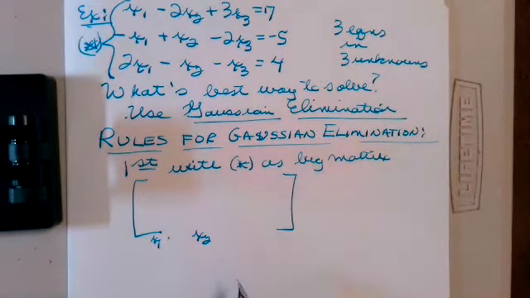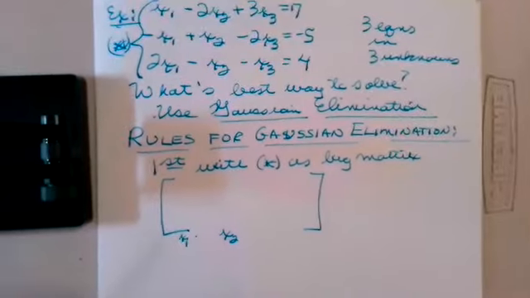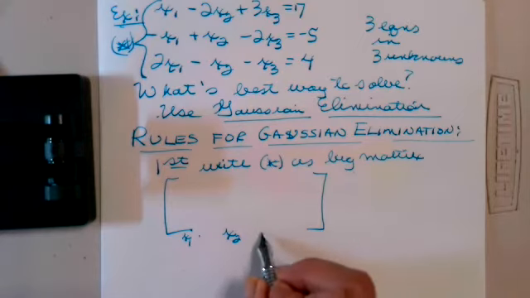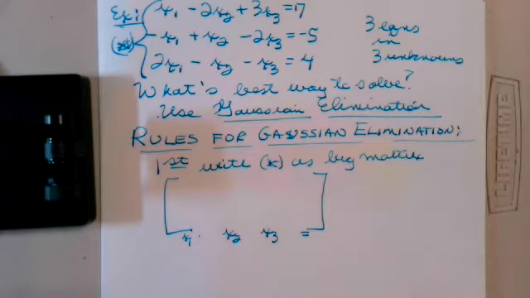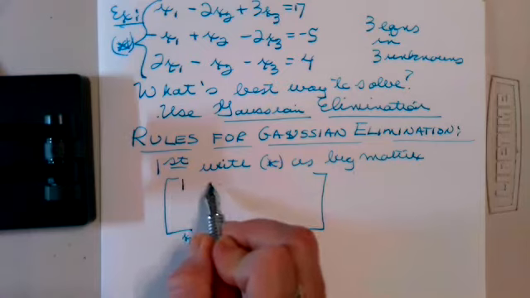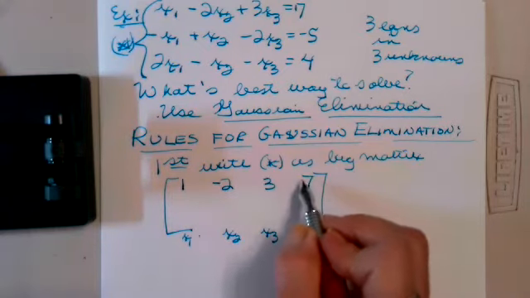Okay, let's refocus. Then I'm going to write the coefficients of x3 in the third column, and then what comes after the equal sign. In other words, my first row is going to be 1, -2, 3, 7.